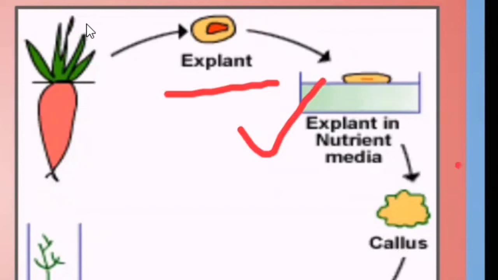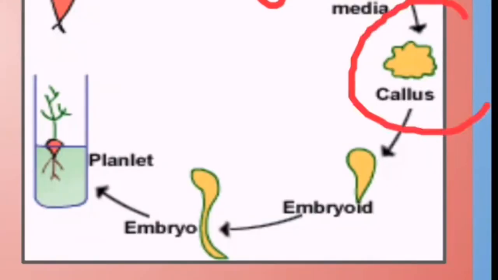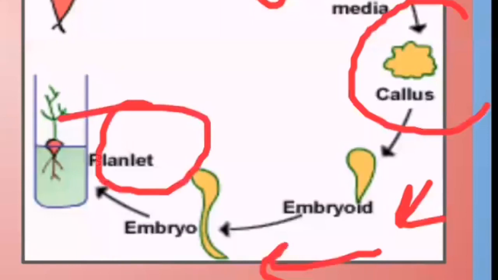This mass of cells is called callus. From callus, embryoids develop in a condition of hormones and nutrients. Then from this, a new plant is grown. This plantlet can be separated and put into the soil to grow into a new plant.